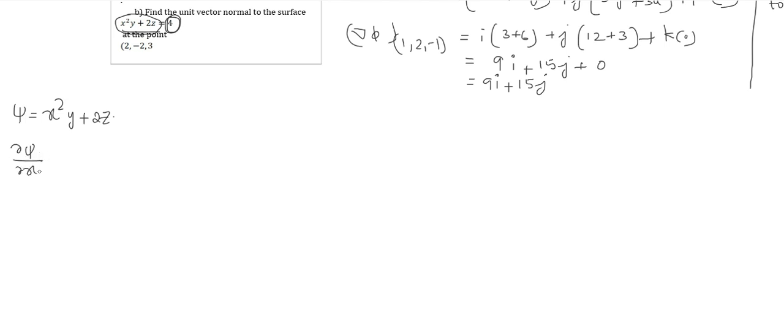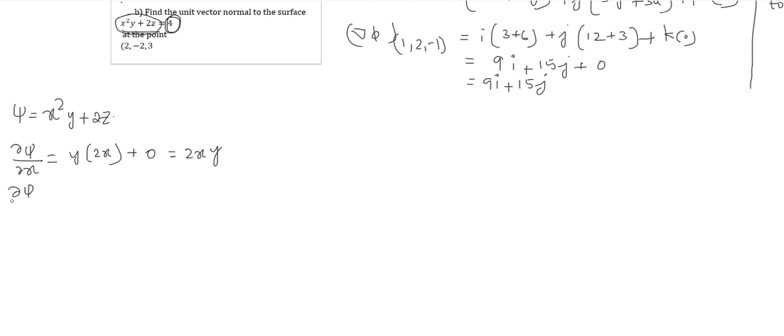Okay, so calculate the derivatives here. Dou xi by dou x, directly we can do this. Here y is constant, so y into the differentiation of x square is 2x, plus the differentiation of z with respect to x is 0. So this is nothing but 2x into y.